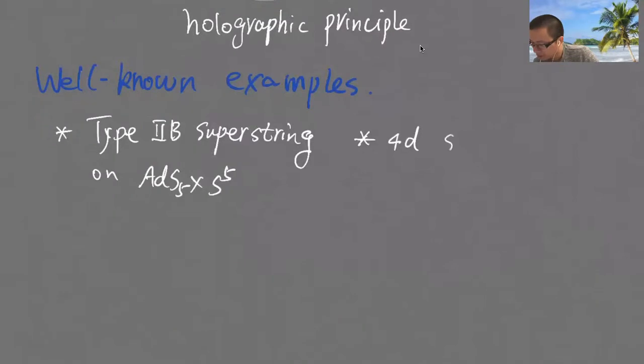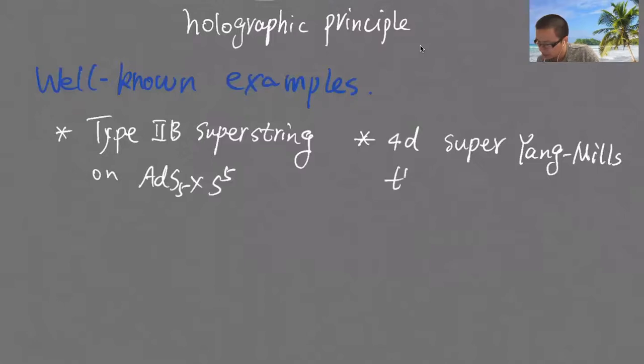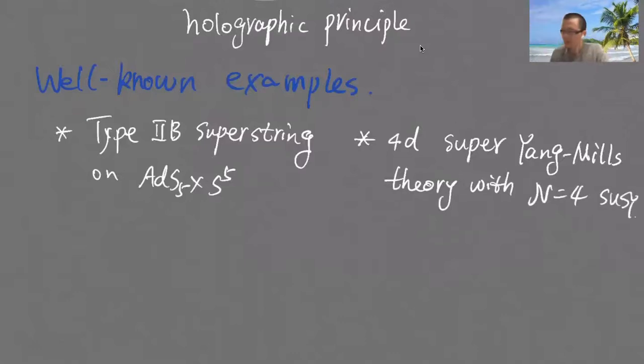The theory is a Yang-Mills theory with N=4 supersymmetry. So it's a Yang-Mills theory with maximal supersymmetry, and it turns out this theory is conformally invariant.